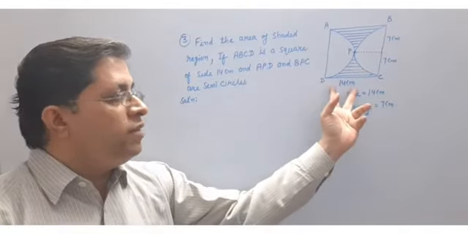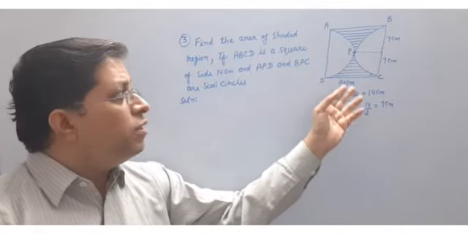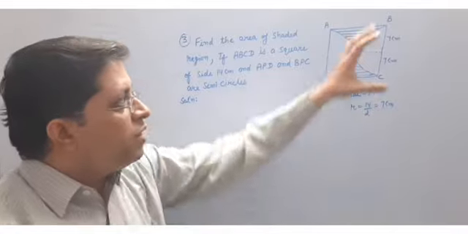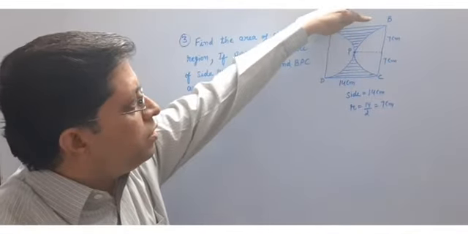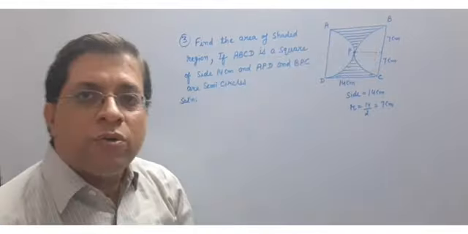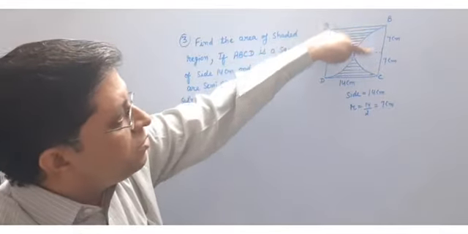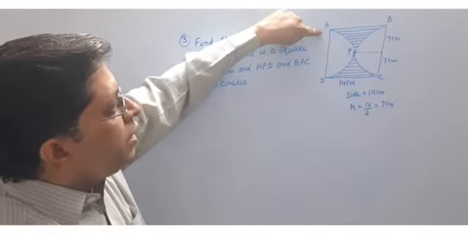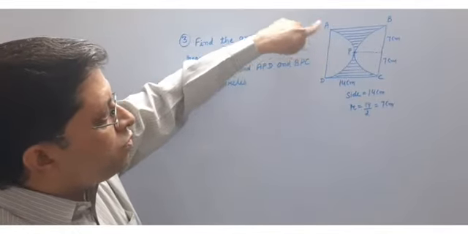Okay, 14 centimeter is the side, and what is the radius of the semicircles? See, in this BPC, BC is what? BC is the diameter of the semicircle. Similarly, AD will be the diameter of this semicircle.